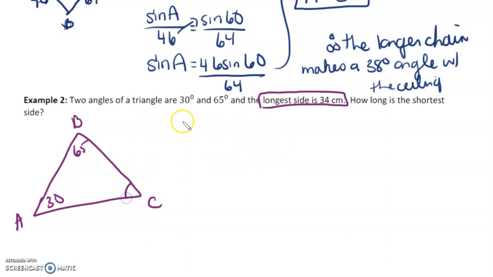Let's solve for C though, because we're able to solve for C because we have both A and B angles. So we're going to do 180 minus 65 minus 30. Okay, so we get 85 degrees.